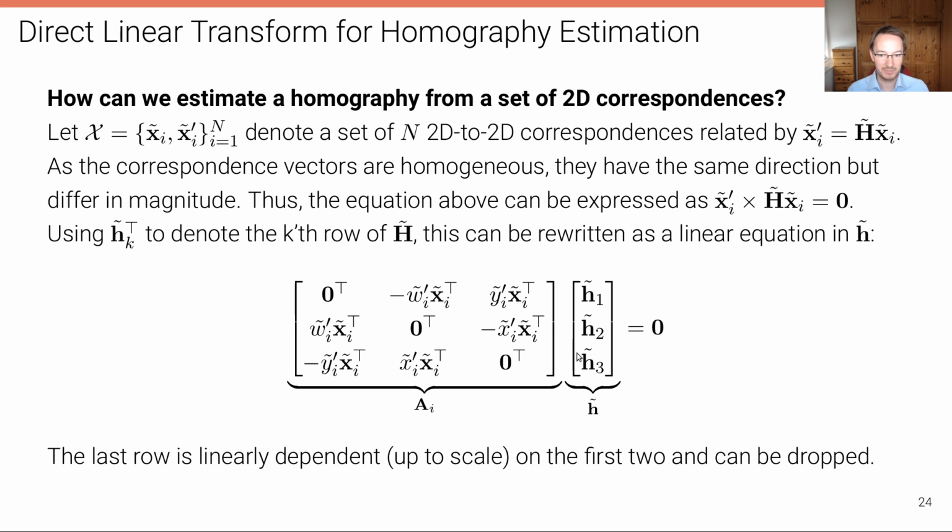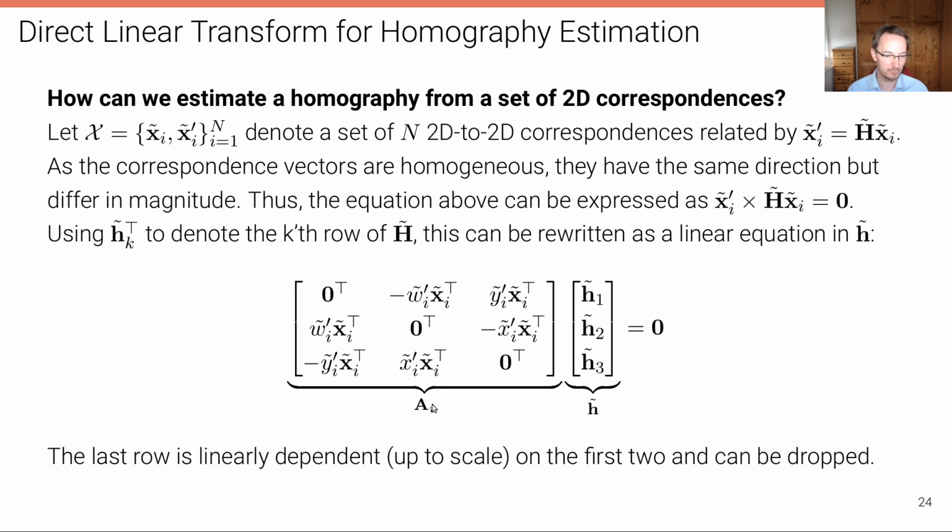Now, this is nice because now we have a linear system where this h vector is the unknown that we want to solve for. And here on the left, we have a matrix, this system that we use for solving for h.